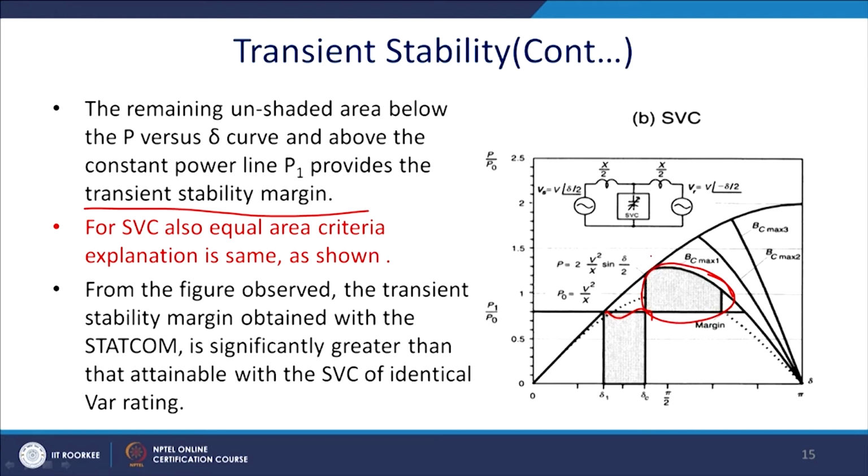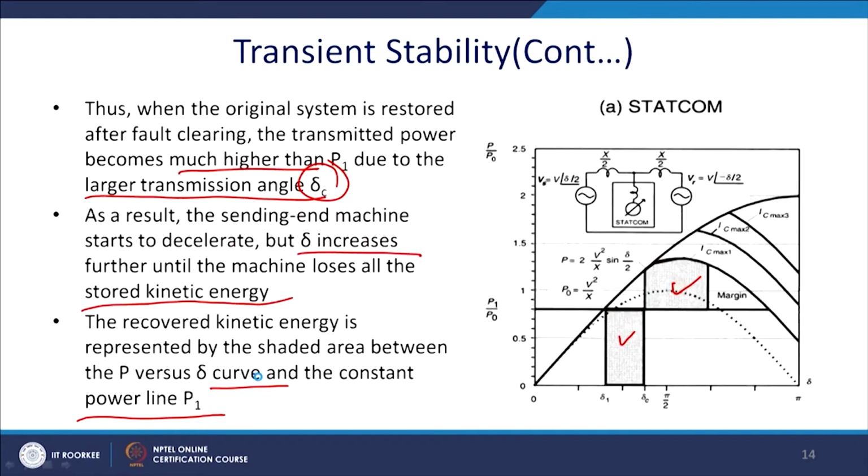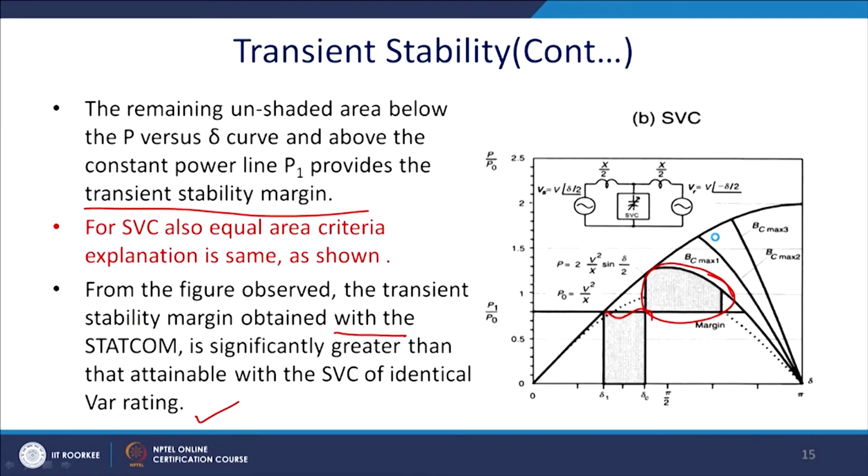From this figure, observe that the transient stability obtained with the STATCOM is significantly greater than that attainable with the SVC for the identical rating, because please go through this area A. So, this is your margin and here this is your margin, since this curve is quite steep.